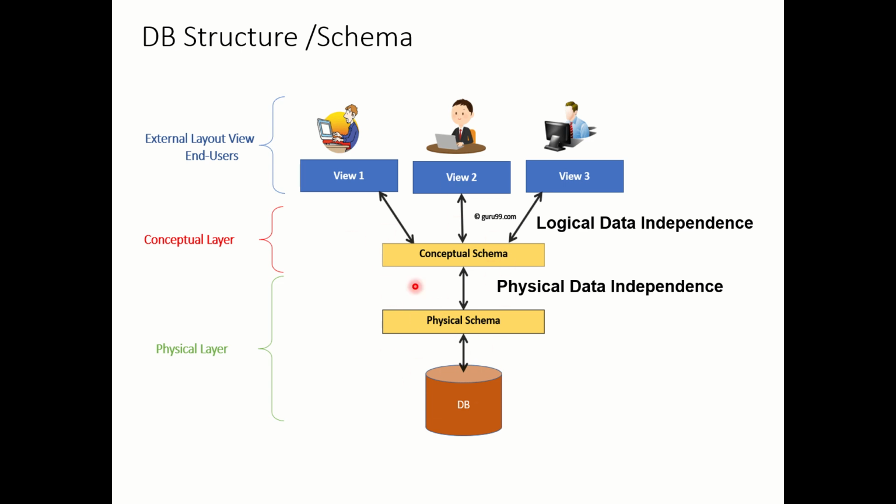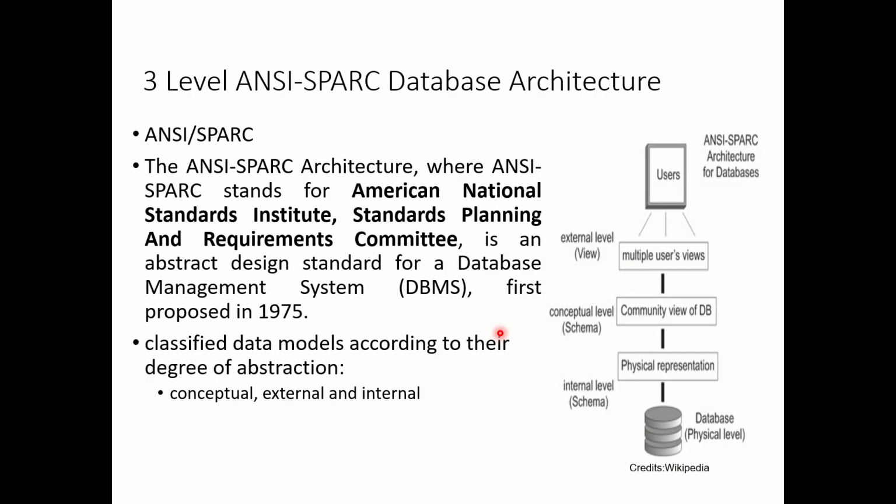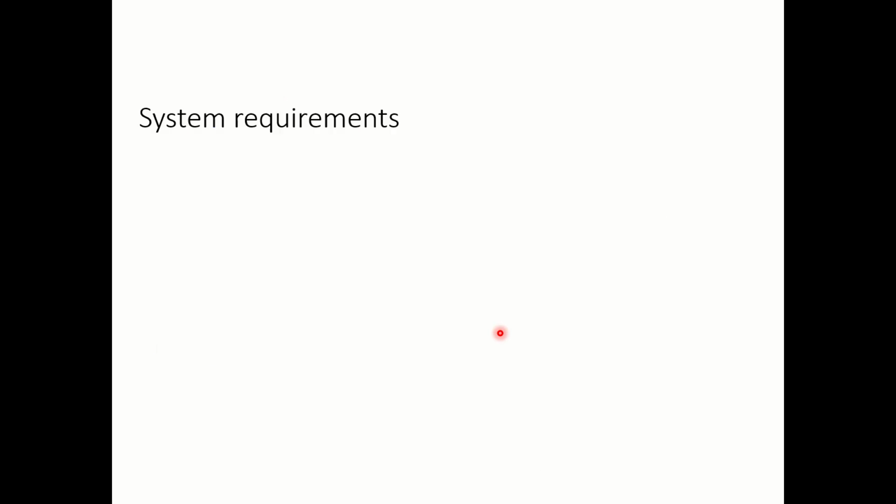So any changes to the software or the hardware will not be reflected immediately to the users who view this data from the database. That is what this main concept is about. That's why we follow this database architecture, which is given by ANSI SPARC.